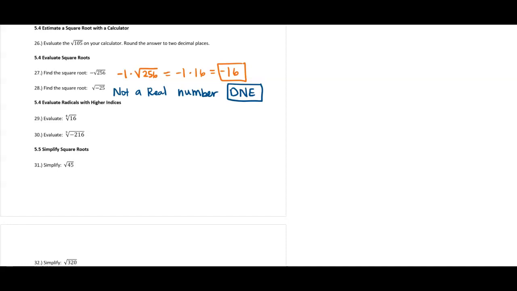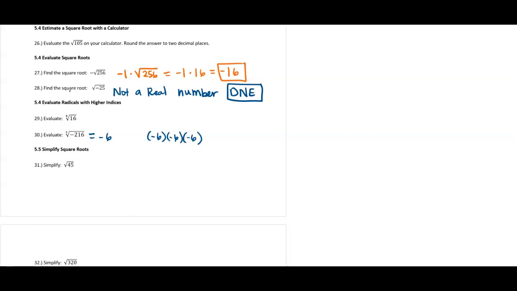It gives us negative 6, because remember what it's saying here is negative 6 times negative 6 times negative 6 is negative 216. So when you have three numbers multiplied together, you can get a negative number like we have here.